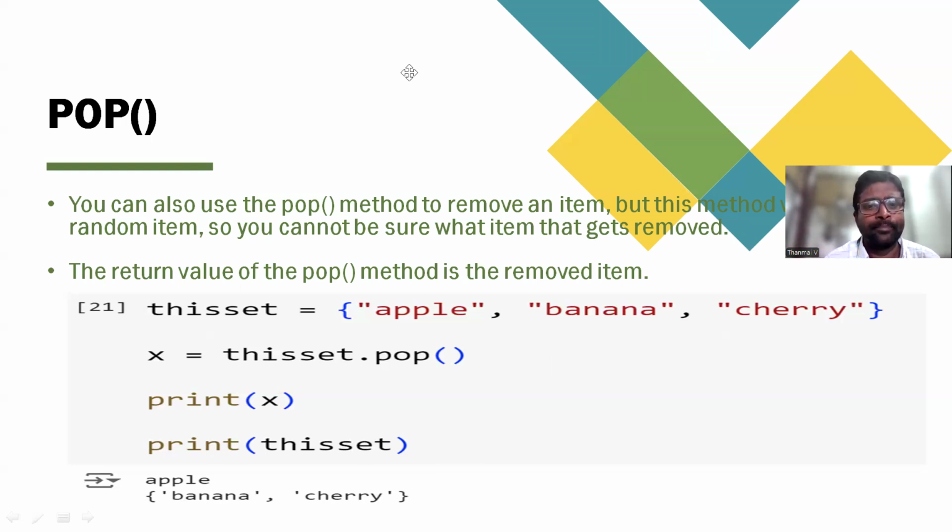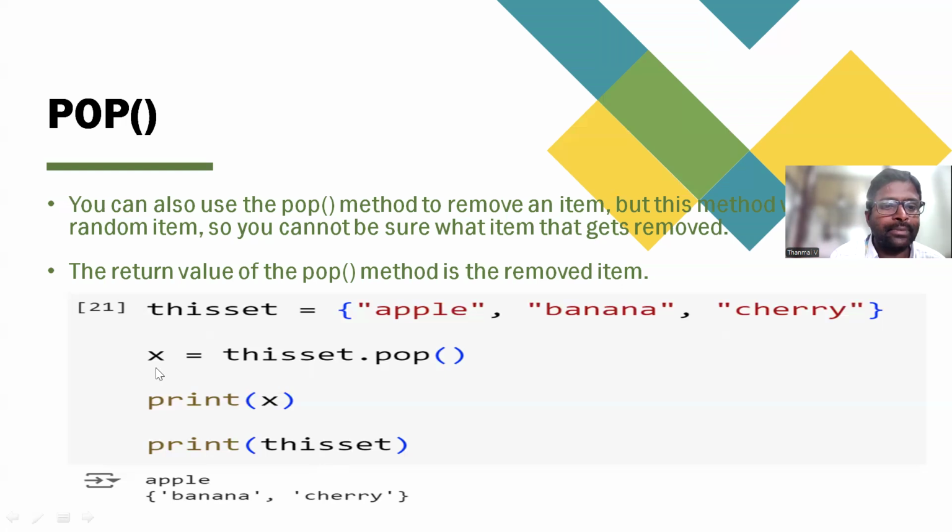You can observe here, this set is apple, banana, and cherry. So x equal to this set dot pop, and what will it do? Whatever element is removed from the set, popped from the set, will be assigned to the variable x. It can be random. You don't have any control over which element you want to remove. Then print x, and print this set.